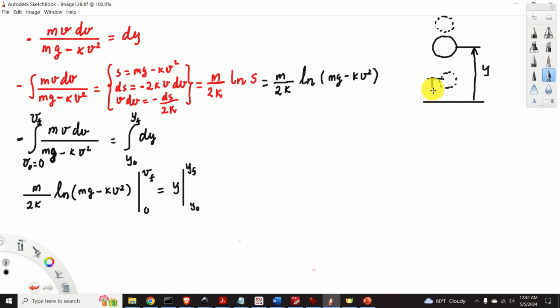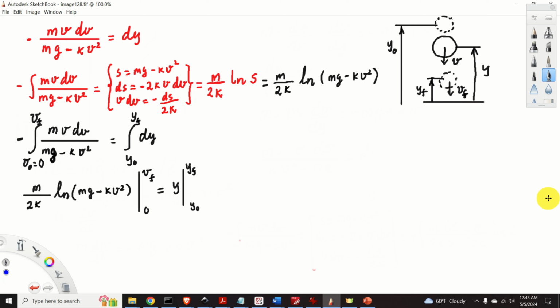This is y final, and this is y initial, denoted by y0. The velocity v is over here, and the final velocity is over here, v final.